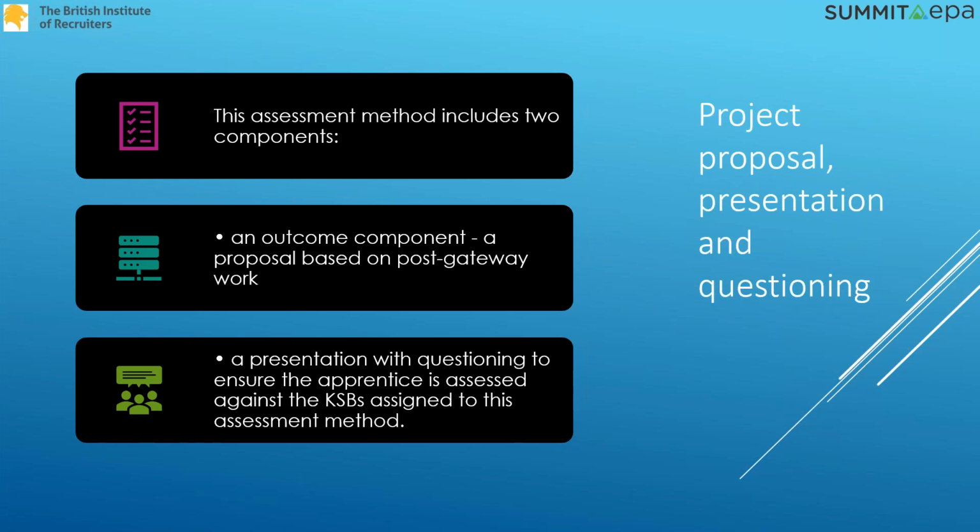What we're looking for in the presentation is that the learner has understood the KSBs attached to that assessment method, and the presentation is aligned to the KSBs being looked at by the assessor during that endpoint assessment.